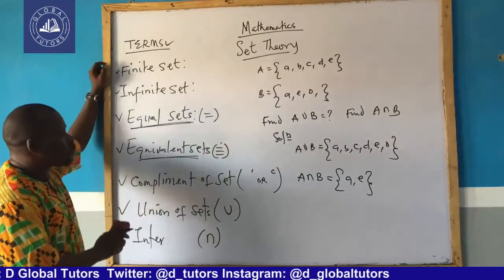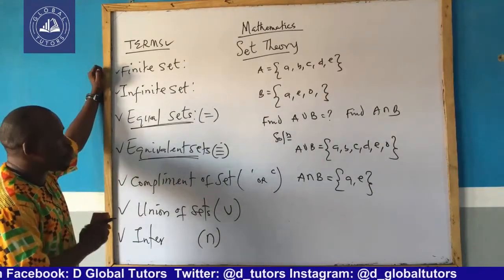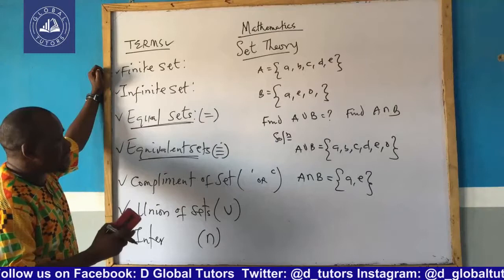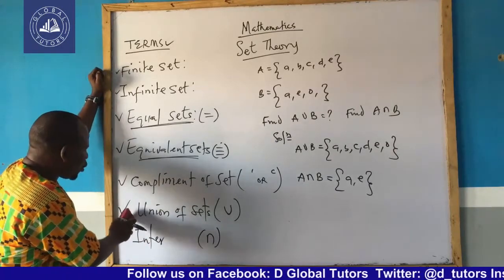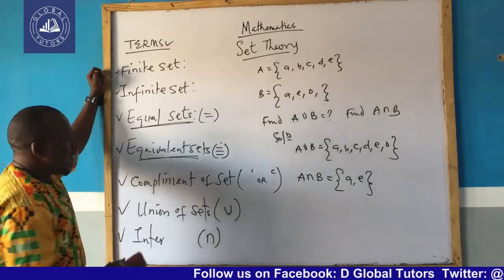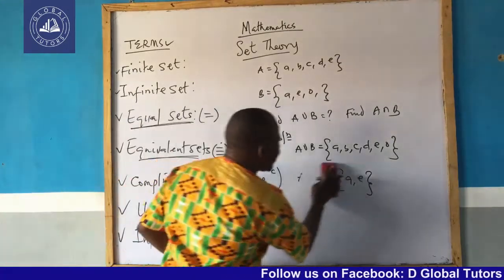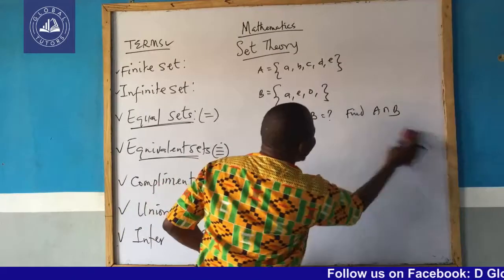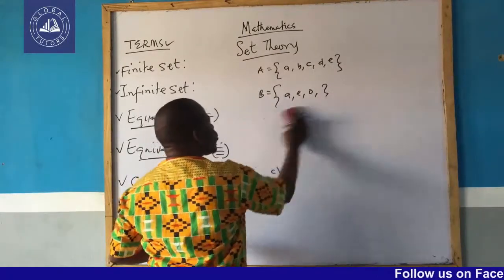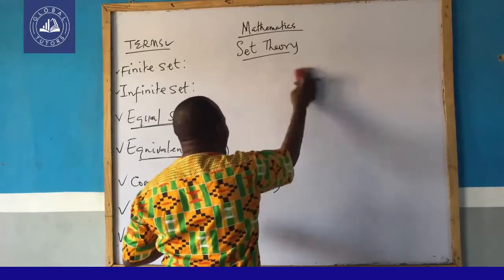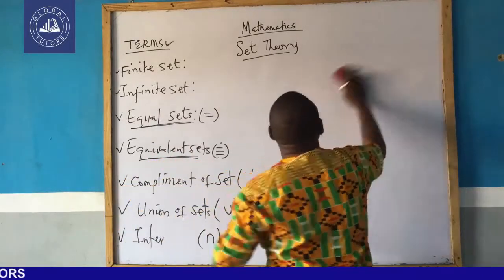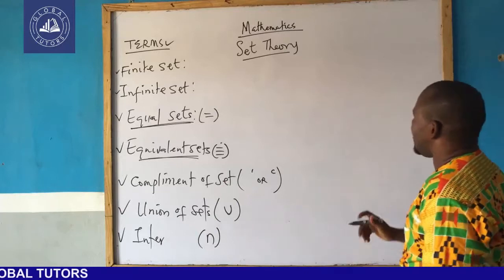Now, at this junction, I would like to show you how the examiner occasionally presents questions under complement, union, and intersection. You will see the examiner oftentimes using inequality signs to present questions. So I want to quickly tackle the inequality signs so that when you see them, you can interpret them.